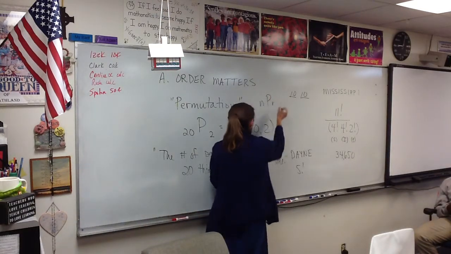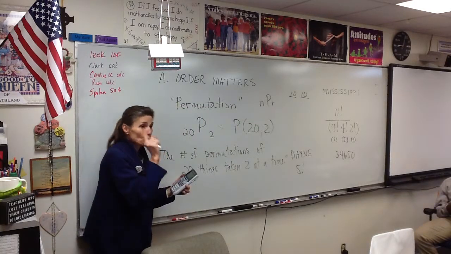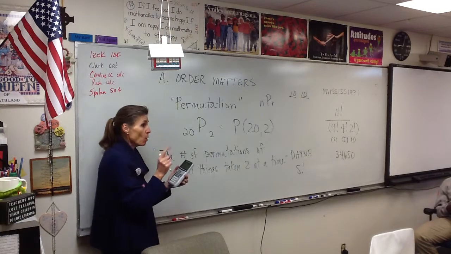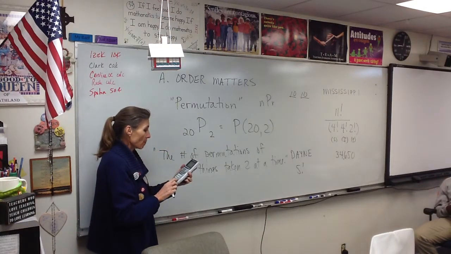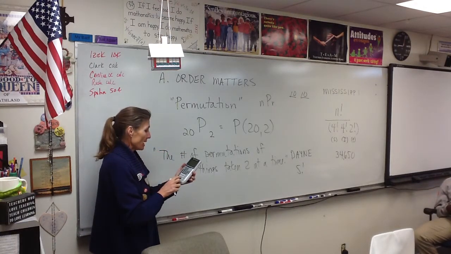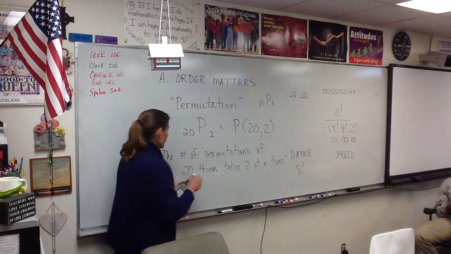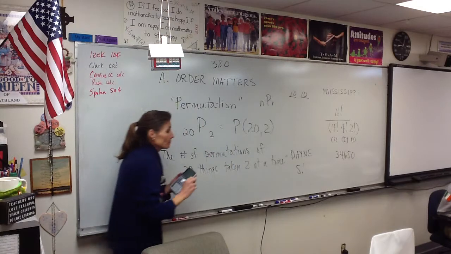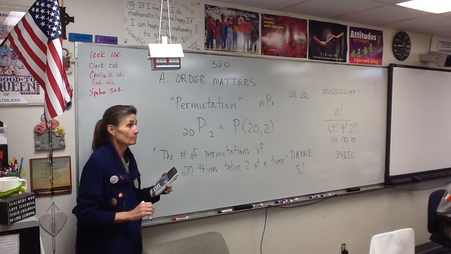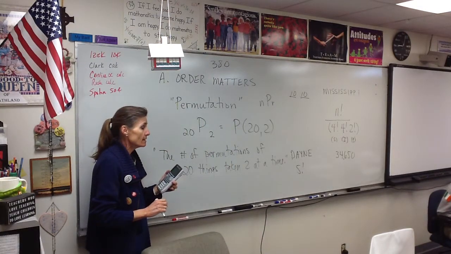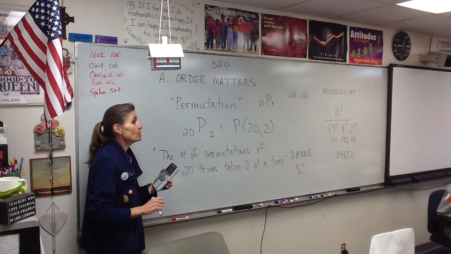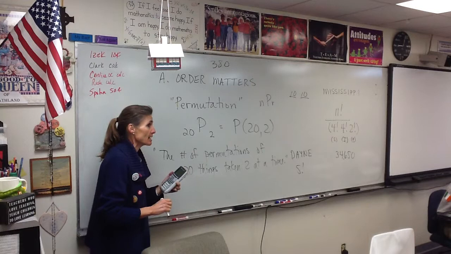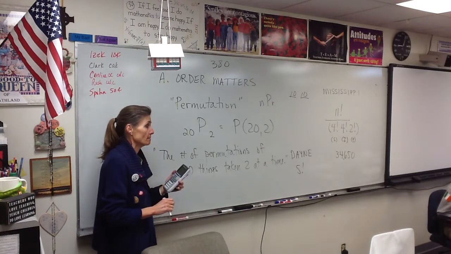That's your permutations button. So you already pressed 20. Now press that button and press 2, enter. The answer is 380. Did you get 380? Press 20, then nPr 2. And nPr is in the same place as your factorial button is.